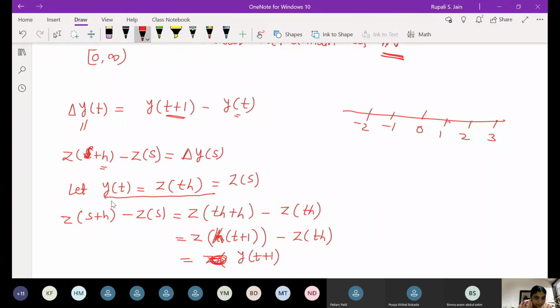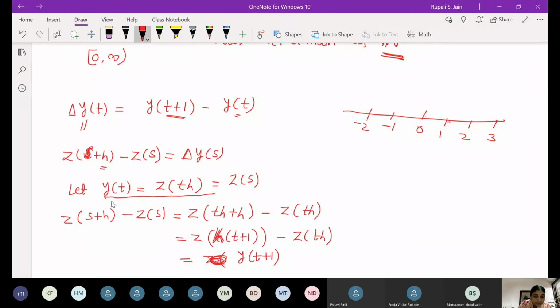S is any variable, right? Yes, ma'am. Now I am converting in terms of t, so I am taking it as t times h. So if I consider z of s equal to z of th, and I rename it as the new function yt, then z of s plus h minus zs will become z at th plus h minus z at th.